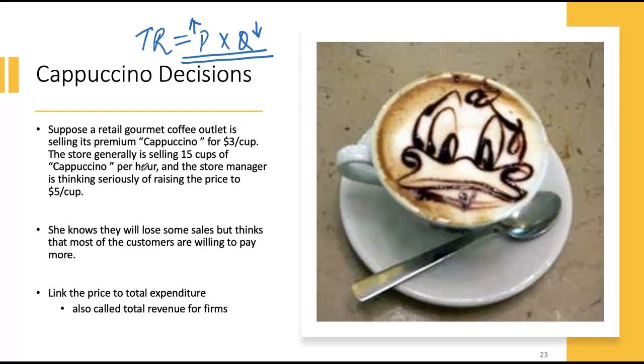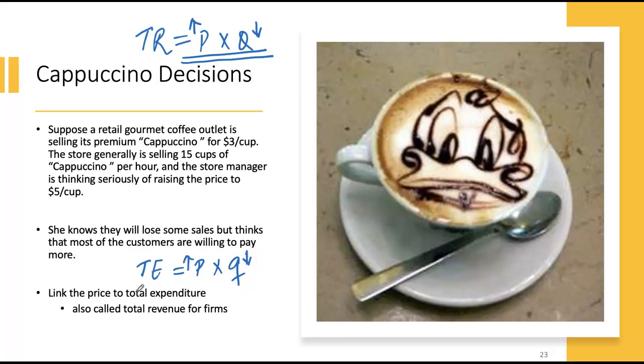Now we can also look at the scenario from the point of view of the customer base. For customers, the total amount that they spend on coffee is what we call total expenditure. Total expenditure is again price times quantity. So the higher the price, the lower is the quantity demanded, and expenditure can again have two opposite effects.